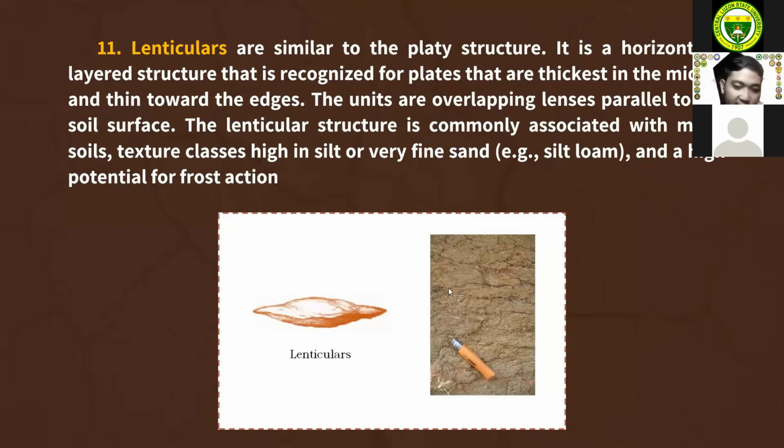When we say lenticulars, yung middle part niya ay thick. Okay, that's the difference between lenticulars and platelike. The lenticular structure is commonly associated with moist soils, texture classes high in silt or very fine sand, that's like silt loam, and a high potential for frost action.